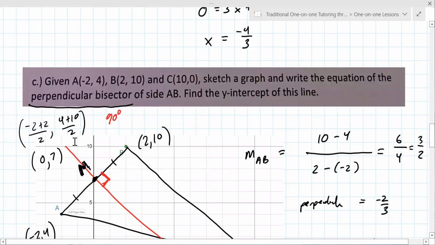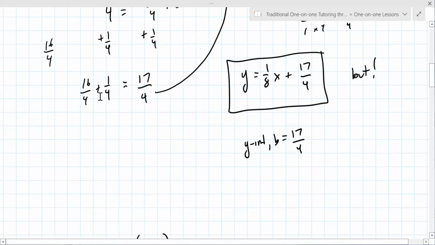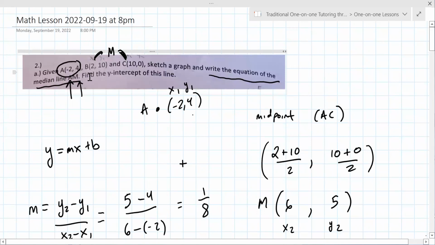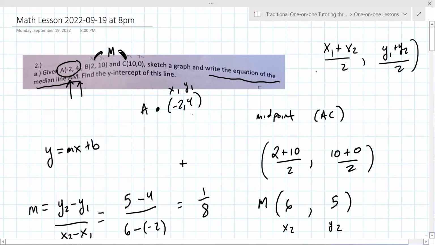Well, it depends on the problem. When you're doing a perpendicular bisector, you need the midpoint. When you're doing a median, you need the midpoint. And y2 minus y1 over x2 minus x1, that's the slope, correct? Yes, that's the slope.